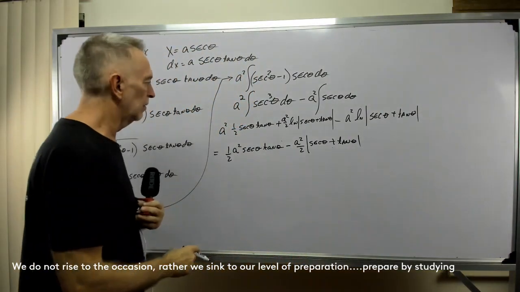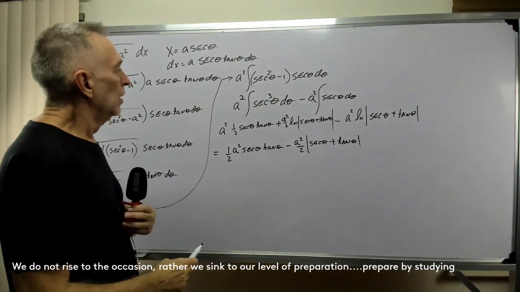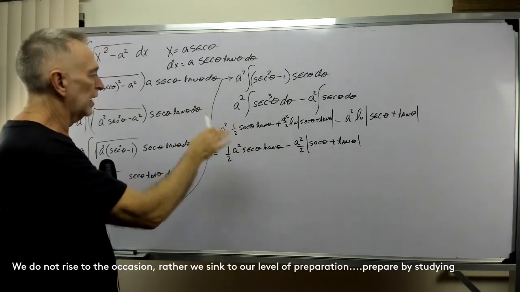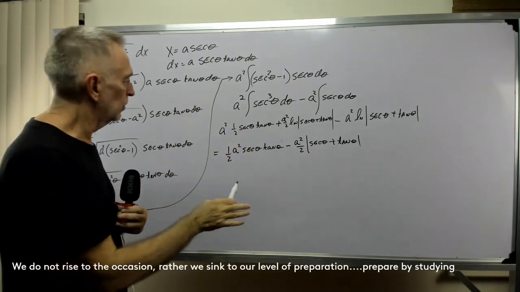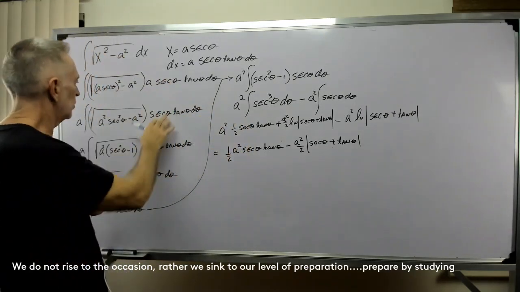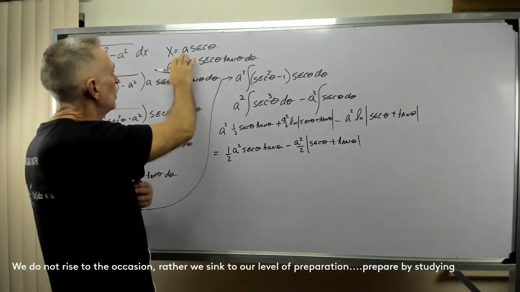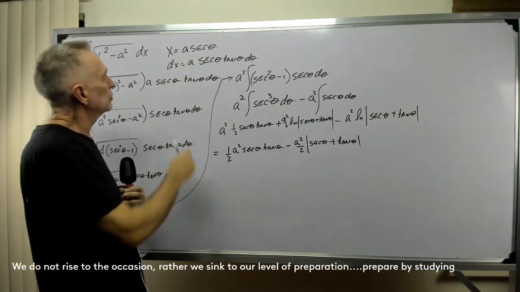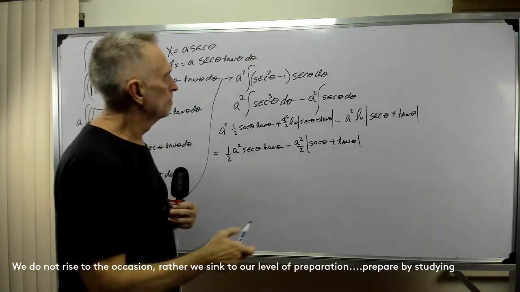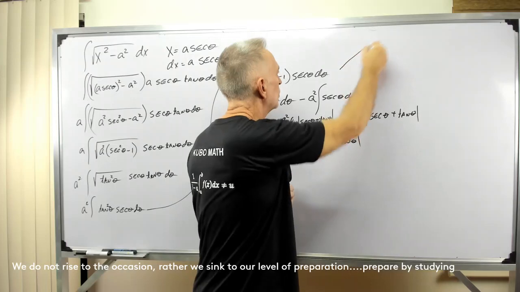Whoa, okay, what do we do with that? Well, we've got to get it back to the x world. We've gone from the x world into the theta world, and we've got to get back to the x. Well, we know we had x equals a secant theta.